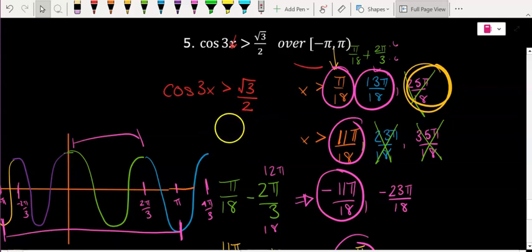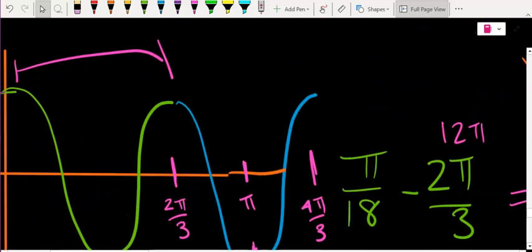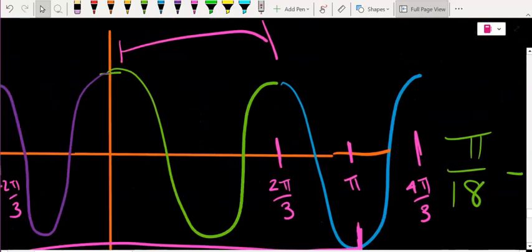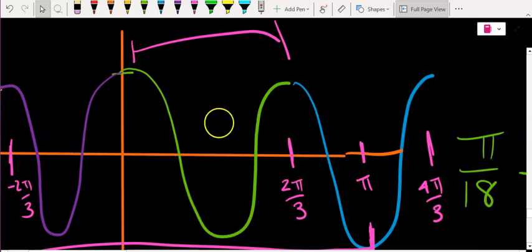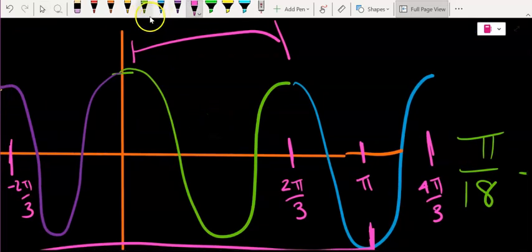So if I think about where pi over 18 is located, if I've got 2 pi over 3 there, that means a minimum would be right here at pi over 3. I'm taking this pi right here, 0 to pi, and I'm just splitting it up into 18 pieces.